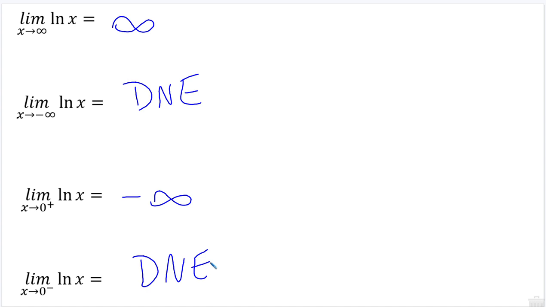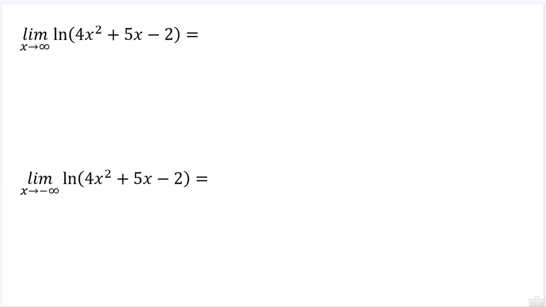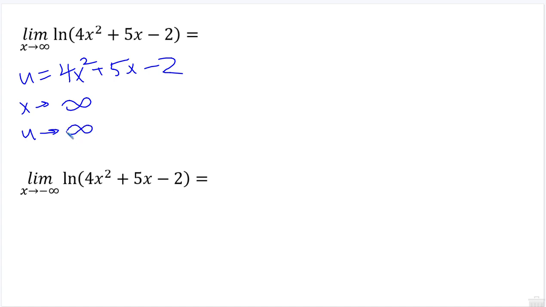And we're going to use those to evaluate a couple other limits. So we're going to look at a limit as x approaches infinity of the natural log of some quadratic mess there, 4x squared plus 5x minus 2. And we're going to treat this the same way we treated the exponential ones. We're just going to let u equal 4x squared plus 5x minus 2, and say as x approaches infinity, u is going to approach, well, infinity squared times 4 is infinity, plus 5 times infinity is infinity, minus 2 is still infinity, right?